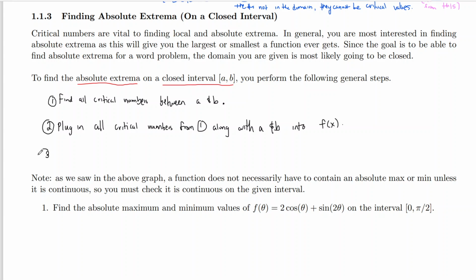And when we do that for each one, we plug in a number and get out a number. The largest of all of these numbers is the absolute maximum, and the smallest is the absolute minimum.